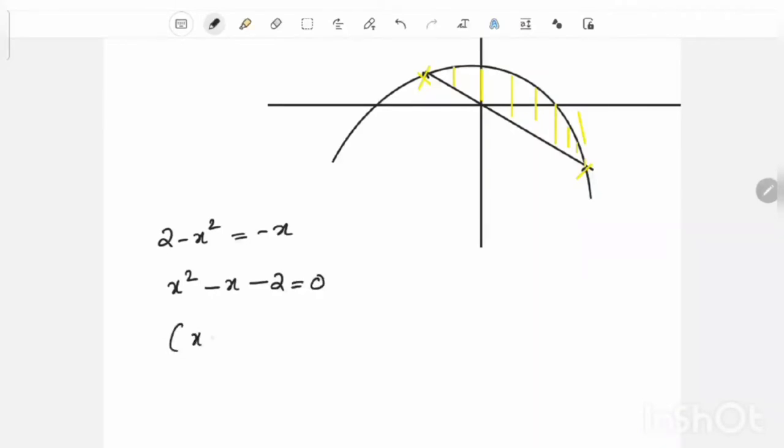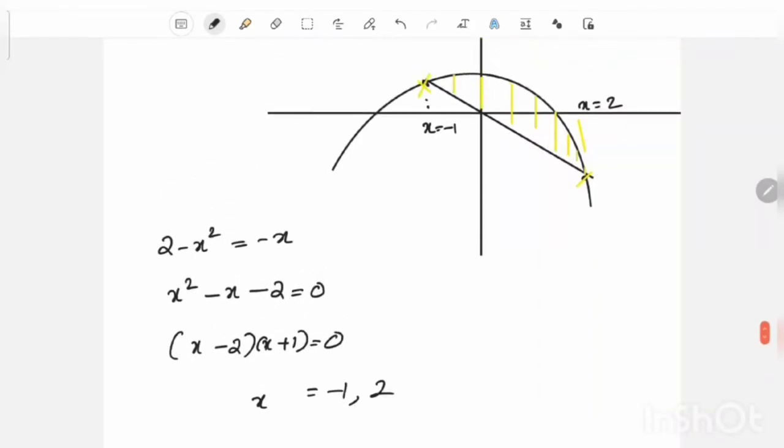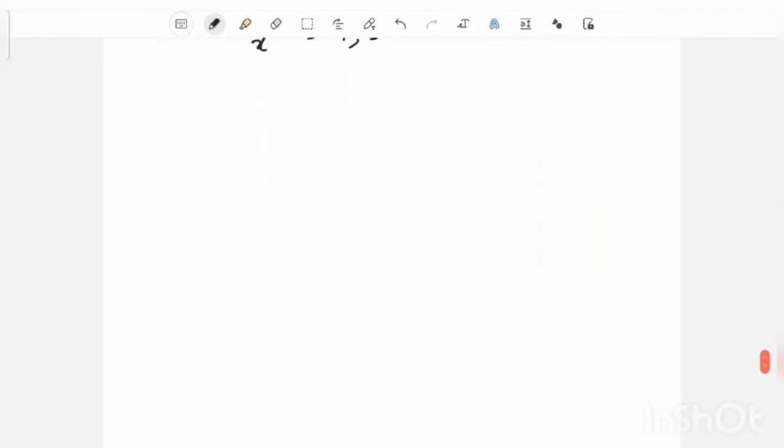That is, we can factorize it into x minus 2 into x plus 1 equals 0. Therefore x is equal to minus 1 and 2. So here x varies from minus 1 to 2. Now we can find the area between these two curves.